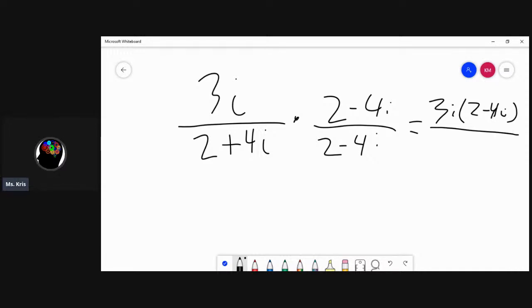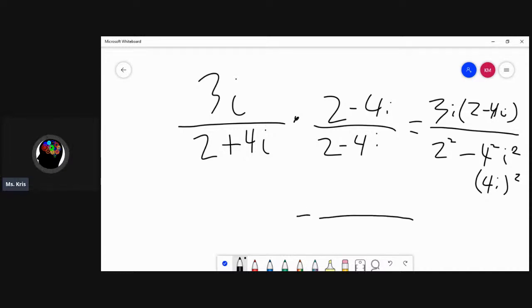So you have 2 times 2, that's 2 squared, minus 4i times 4i, that's 4 squared and i squared. Or another way you could have written it was 4i squared. Whichever, but know that when you're squaring the i, you're also squaring the 4.